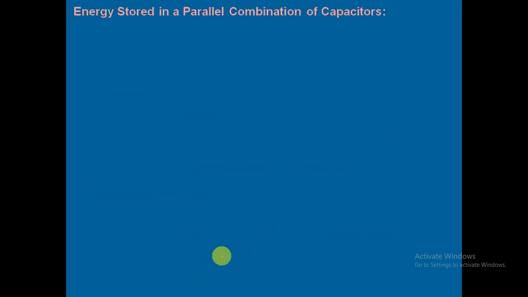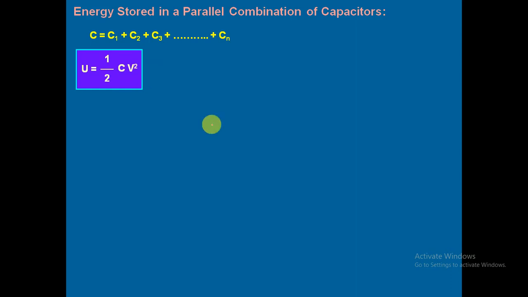And how is this energy going to change in parallel combination of the capacitors? In parallel combination, we know that the net capacitance is the sum of all the capacitances. So again, we can write the expression of the energy in terms of C only, and in parallel combination we know that V will remain constant. So C can be written as C1 plus C2 plus C3 and so on.